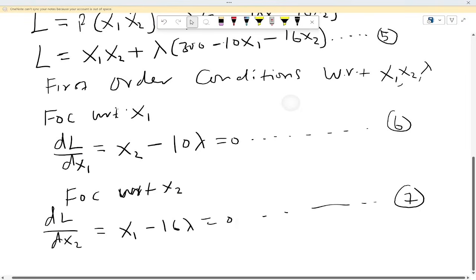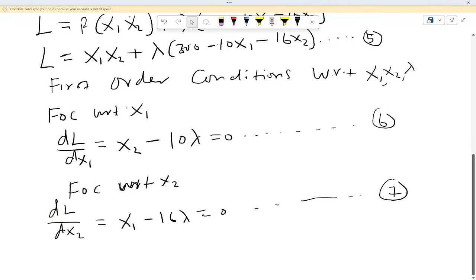So now you can do the same thing, that is FOC with respect to lambda. With respect to lambda, you are differentiating lambda, you leave every other thing.